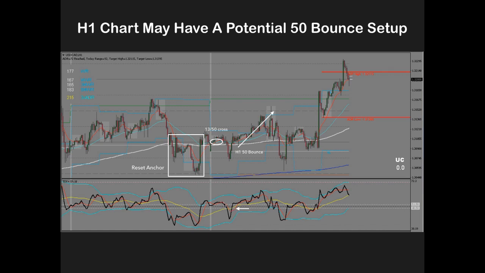So RSI comes back below and back above, crossing the signal line. It crosses the market baseline as well, which is an added bonus. It doesn't have to cross the market baseline for a bounce move, but if it does, it's an extra confirmation. And you can see it moves very nicely up there after that TDI confirm.